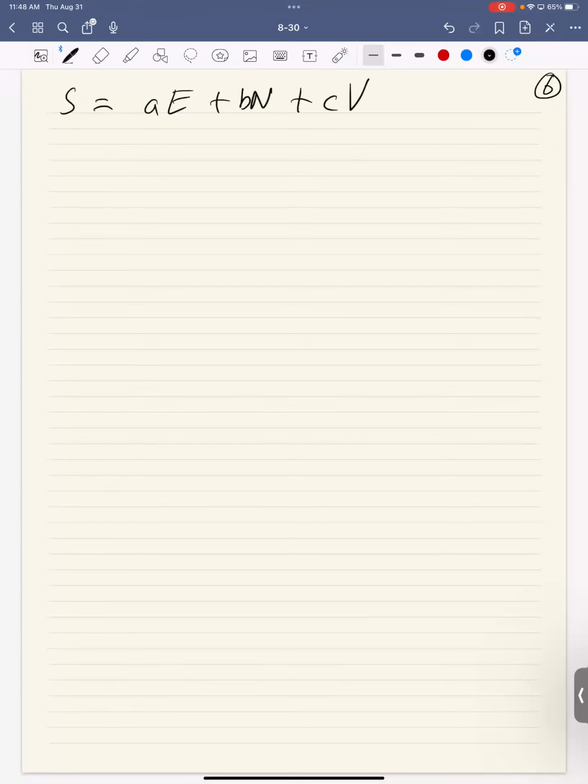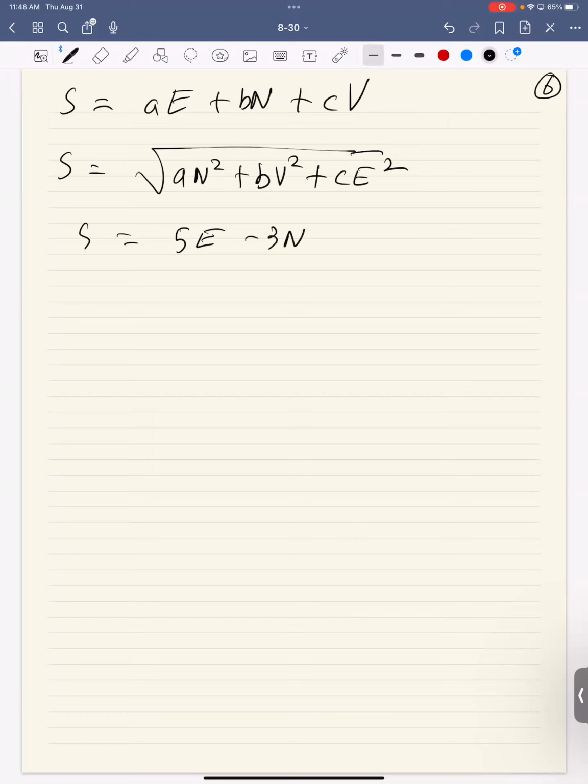Let me write down a few of them. S equals square root of AN squared plus BV squared plus CE squared. S equals 5E minus 3N plus 2V. S equals AN over BE plus CV to the power 5.